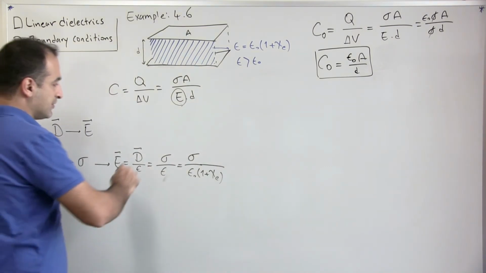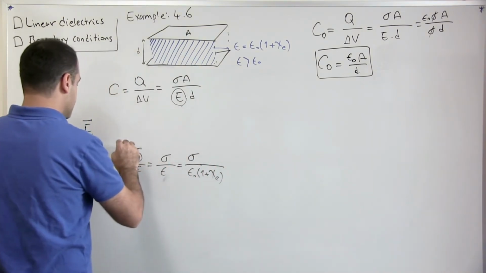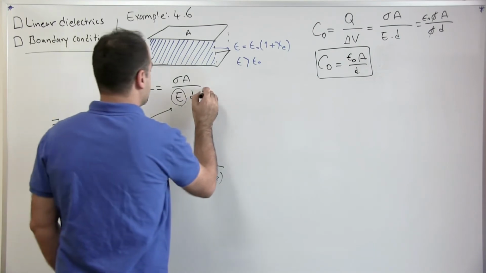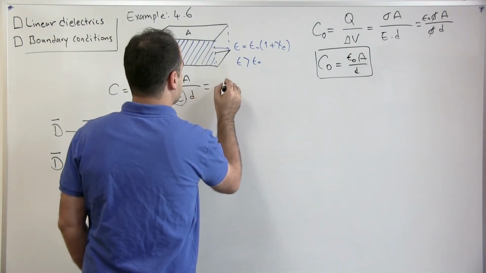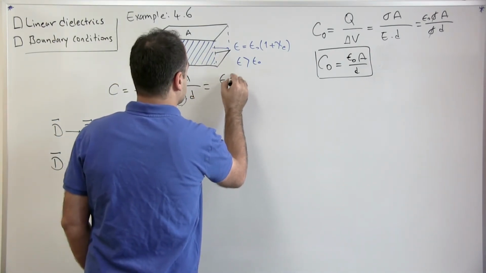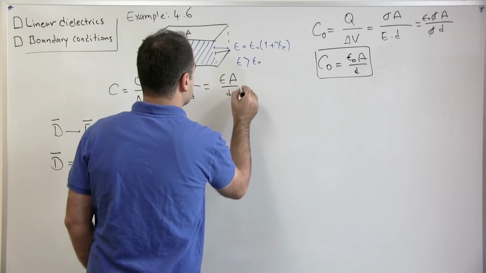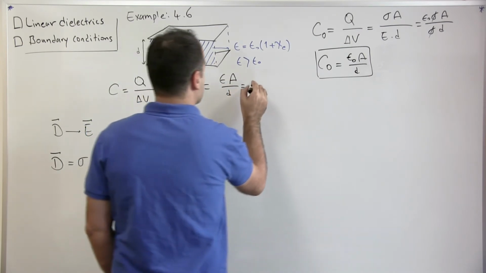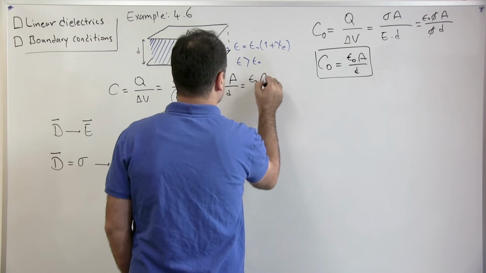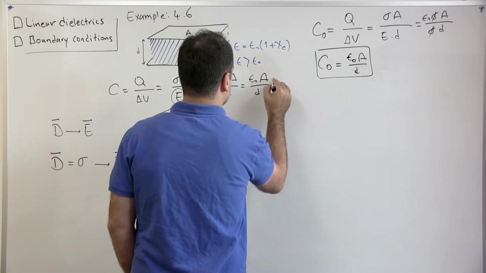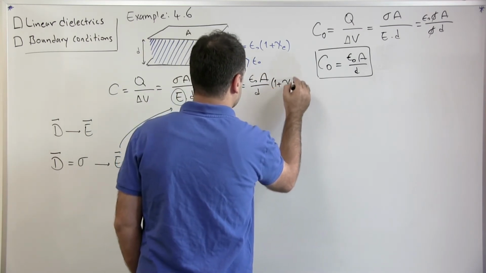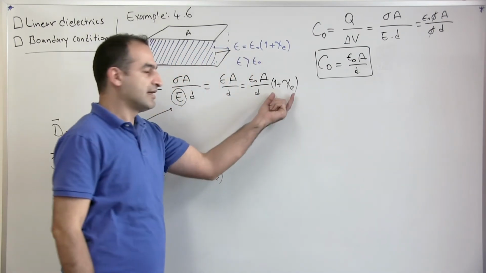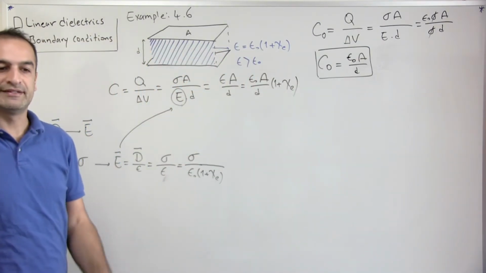So combining these two, if I use this electric field here, the capacitance becomes epsilon times A divided by d, which is epsilon naught times A divided by d times 1 plus chi e. Again, 1 plus chi e is a number greater than 1.